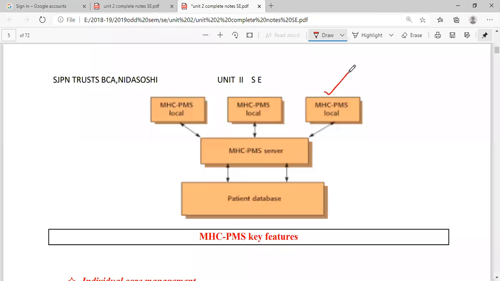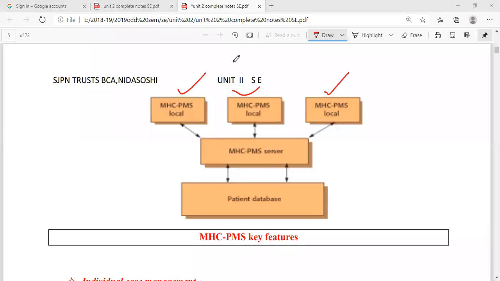You can see that 1, 2, and 3. What are these? These are 3 different clinics. Clinics are nothing but hospitals. I'm just taking 3 hospitals. There can be n number of hospitals, which are connected to this patient healthcare management server.